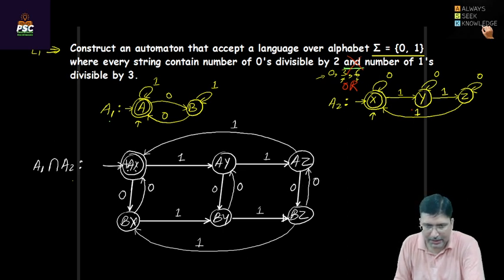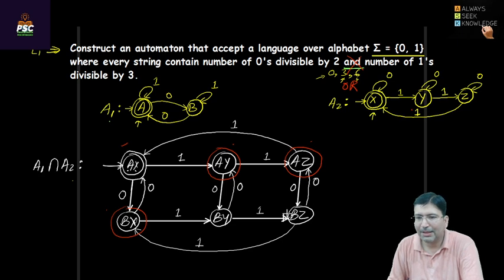So here A or X both are coming, this will be final. A is here, so this will also be final. A is here, so this will also be final. And in this, X is the final, so wherever X will come, that will also become final. So in union operation, there will be 4 final states. Okay. But in intersection, there will be only 1 final state.